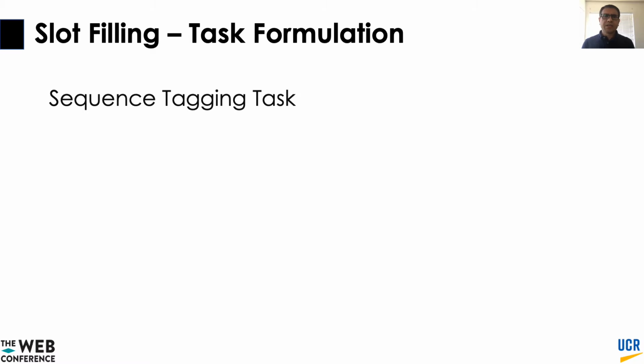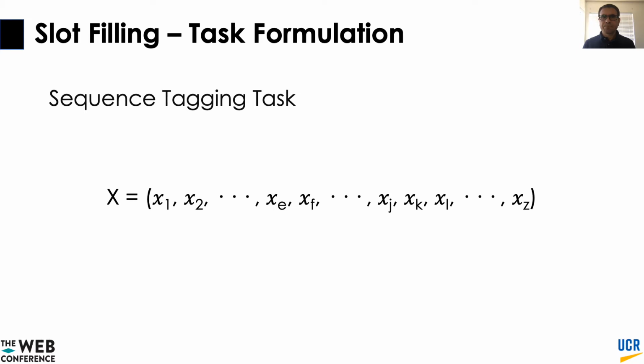Let us get a bit formal now. Slot filling is usually formulated as a sequence tagging or token classification task using the IOB tagging scheme. Given a sequence of words X, which is our utterance, we want to give a tag for each word as follows.